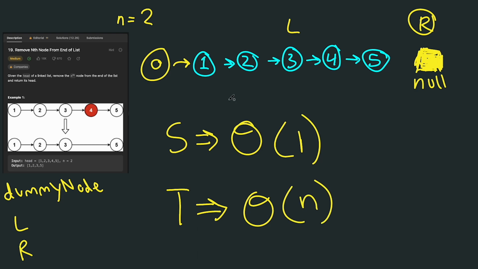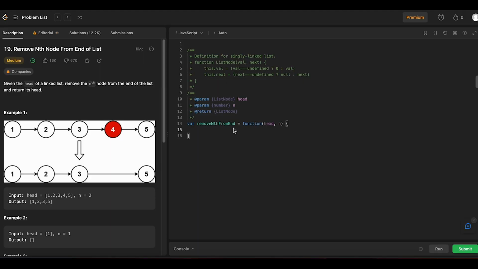And that's it. So now let's jump into the code editor and solve this in both JavaScript and Python. So the first thing we're going to want to do is set our dummy node and our L and R pointers, or our left and right pointers, as we'll call them here. So dummy node equals new list node. We're calling this list node because that is what this function is called up here, that creates new nodes for this singly linked list.